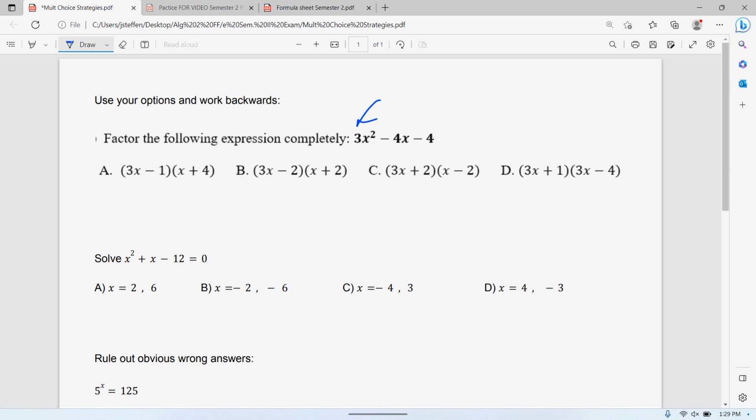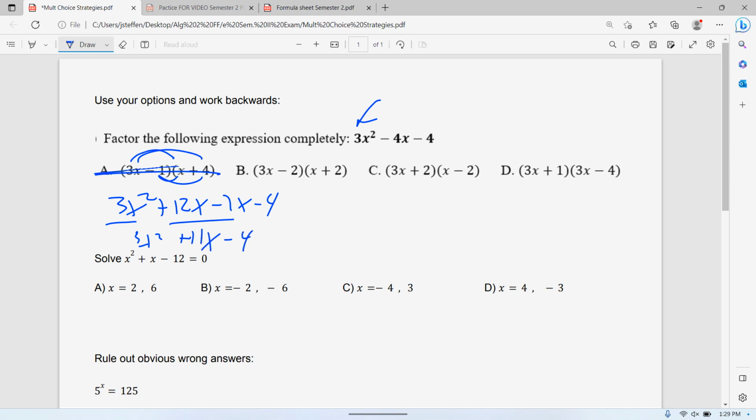So for each one, you take 3x times x is 3x squared. And negative 1 times 4 is negative 4. That is not the answer.